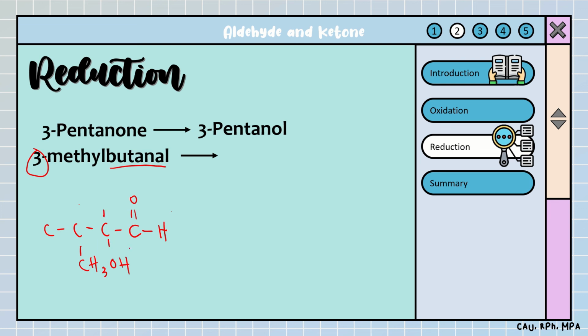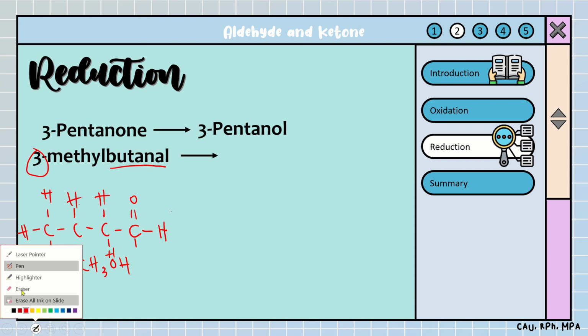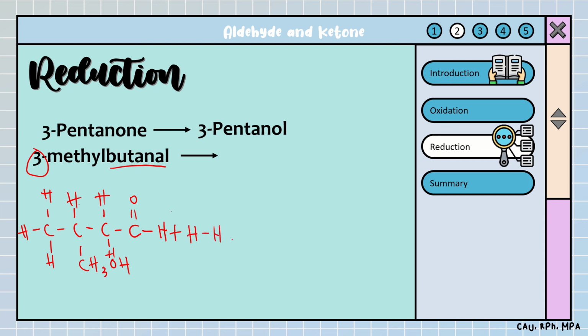So let's complete this with hydrogen. So it shouldn't have a bond here. And then for our reactant, we need to have the hydrogen gas. And with the help of our nickel as the catalyst, the double bond now will be broken down.